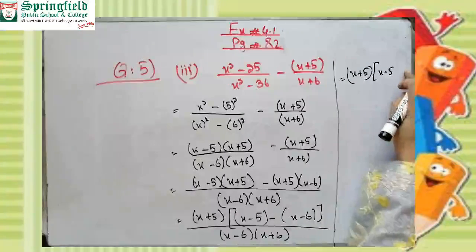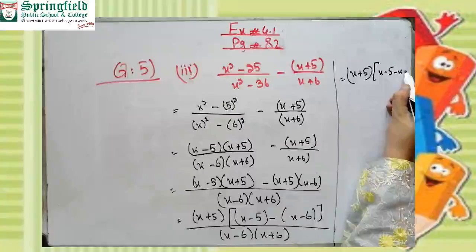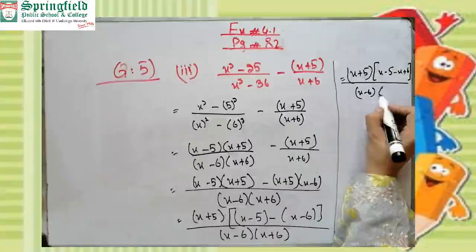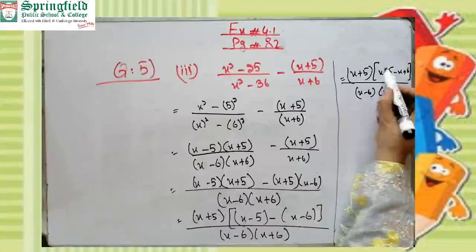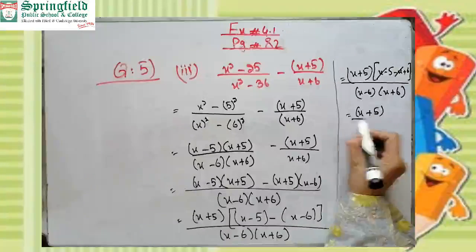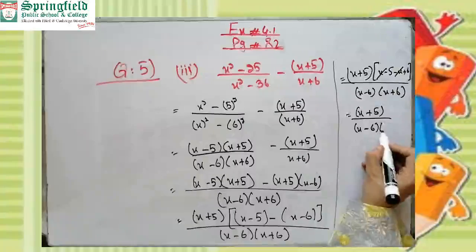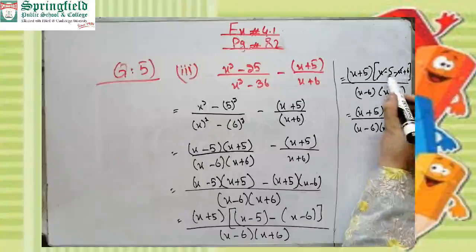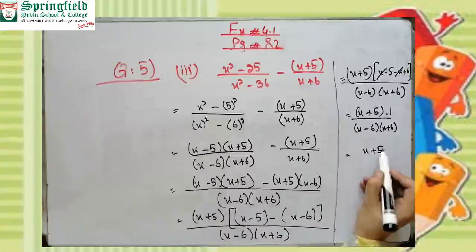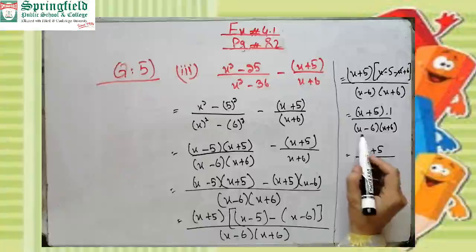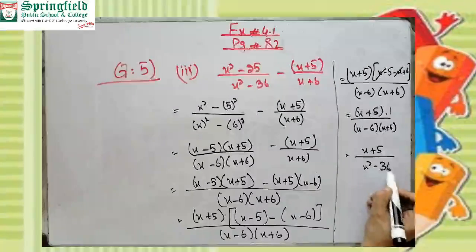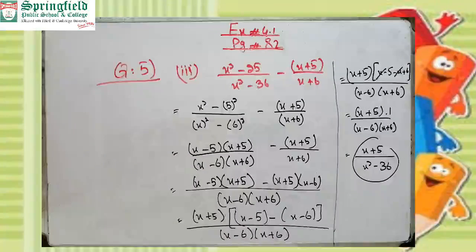X minus 5 minus x minus minus plus 6 divided by x minus 6, x plus 6. X will cancel with the x. So x plus 5 divided by x minus 6, x plus 6, and 6 minus 5 is 1. So x plus 5 multiplied with 1 is x plus 5, and it can be closed. A minus b, a plus b is x square minus 36. And this is your final answer.